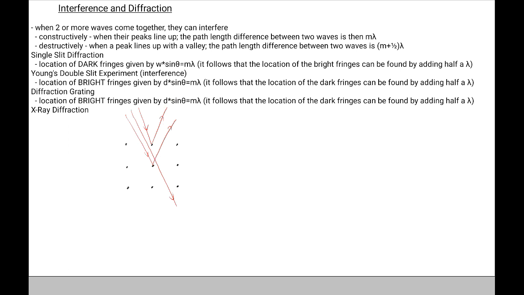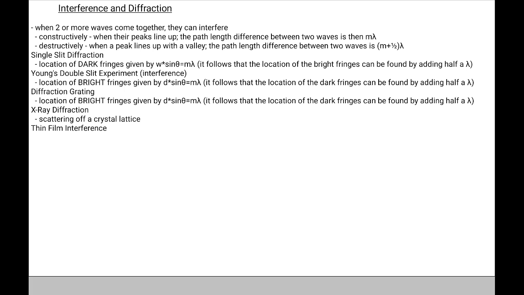Since this is all really, really tiny, the lattice spacing is about 1 angstrom, 10 to the negative 10 meters, so these angles are really, really small, and we can say that this wave travels twice the lattice spacing more than this wave. So for X-ray diffraction, we need to remember that the scattering is off a crystal lattice.